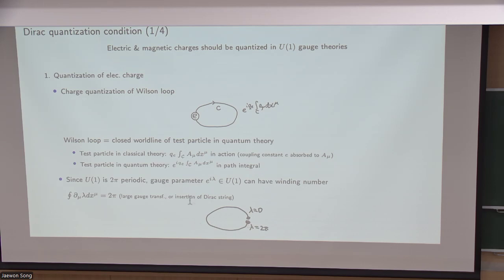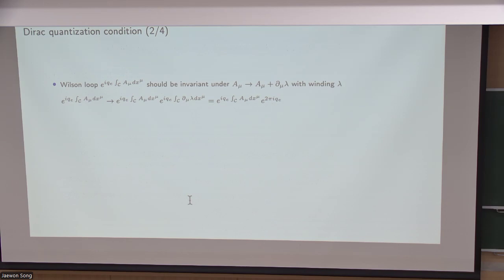However, this is a gauge symmetry, so the Wilson loop should be invariant under the gauge transformation with winding number. The gauge transformation of the Wilson loop is explicitly written by this. So we have this deviation, which can be calculated as this. This 2 pi comes from the winding number.